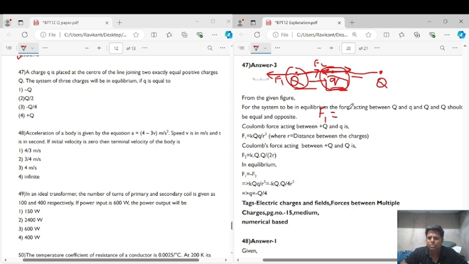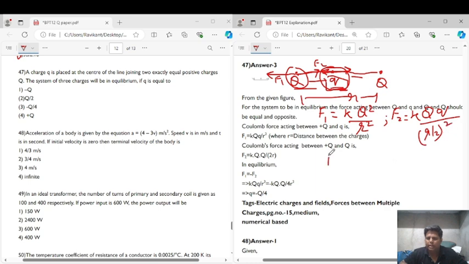So from here we can say F1 is equal to K Q square upon R square when the distance between them is R, right? And on the other hand, F2 will be equal to K Q into small q upon (R by 2) whole square.